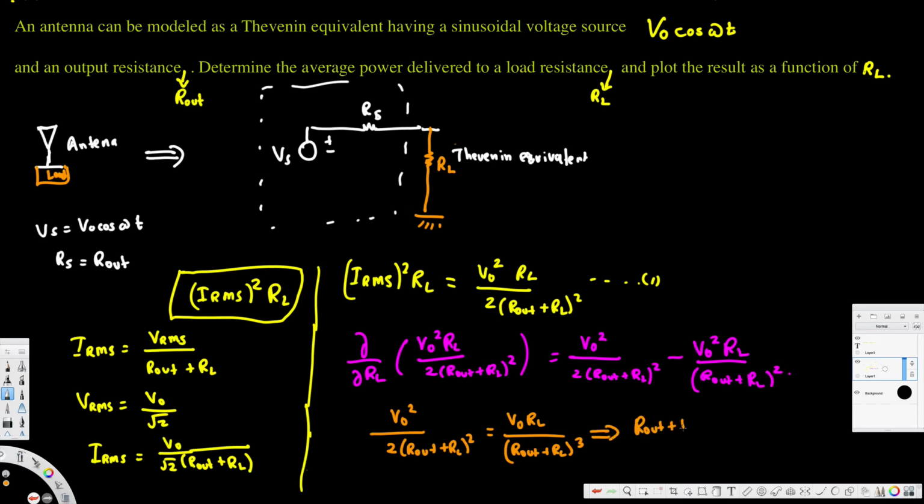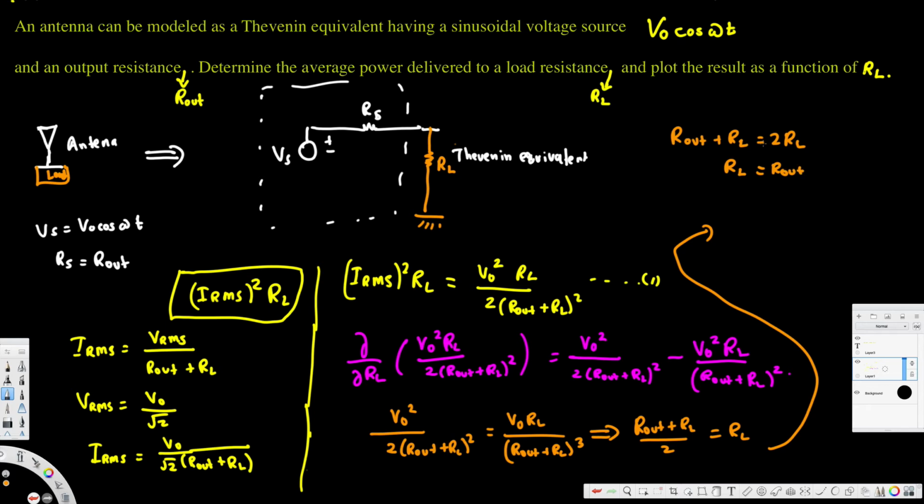Rout plus RL divided by 2 is equal to RL, and if we simplify this, Rout plus RL is equal to 2RL, therefore RL is equal to Rout. Now we can say that the maximum value of power is obtained at RL equal to Rout. That's what we found from this derivation.